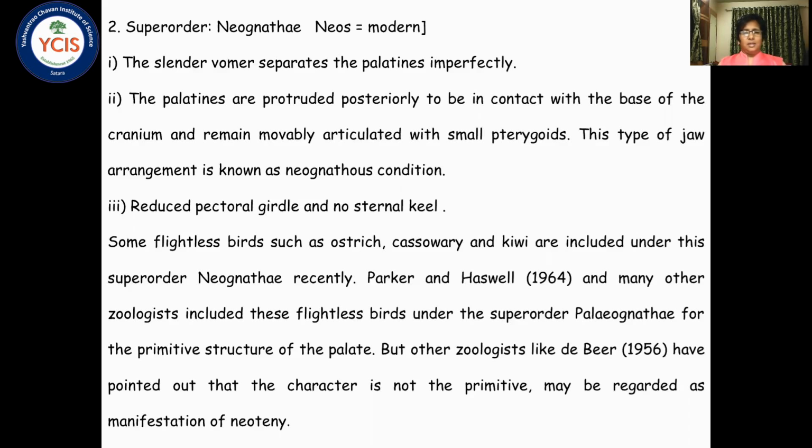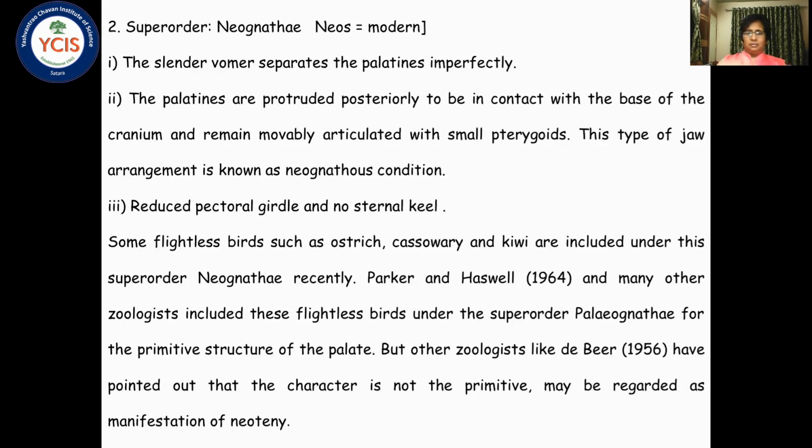Then these palatines protrude posteriorly, and at the base of the cranium, they are movably articulated with the pterygoids.